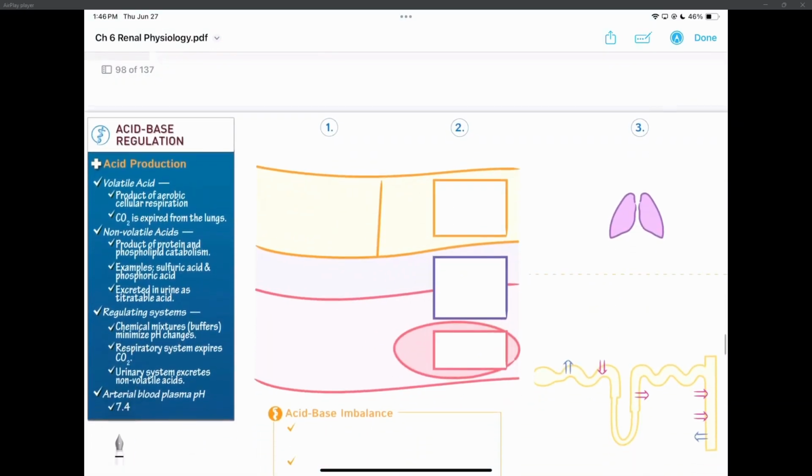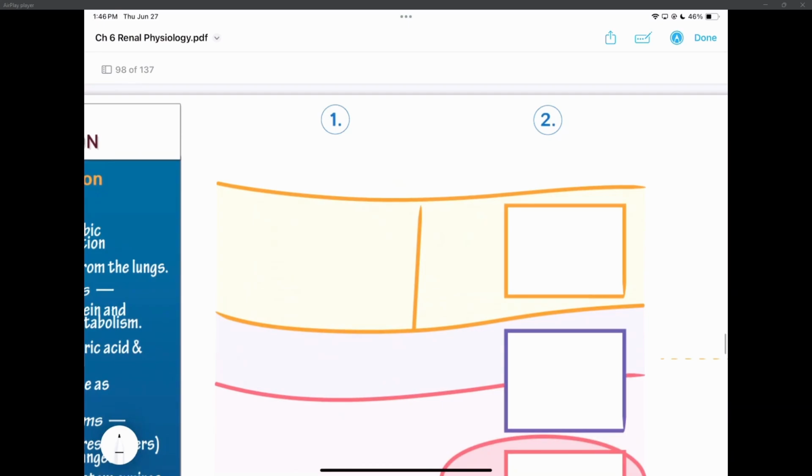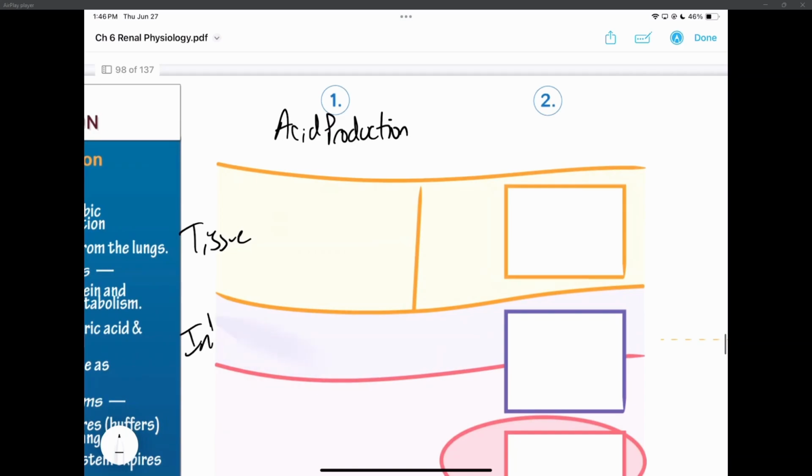Okay, so let's talk about acid-base regulation. The first thing that happens, number one at the very top, is acid production by tissues. Here's the tissue, here's your interstitium, and there's your blood.